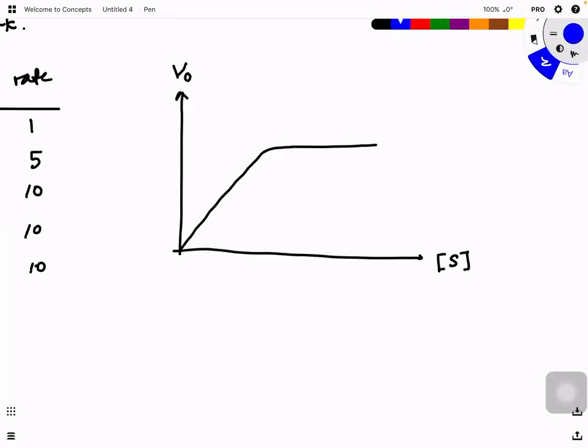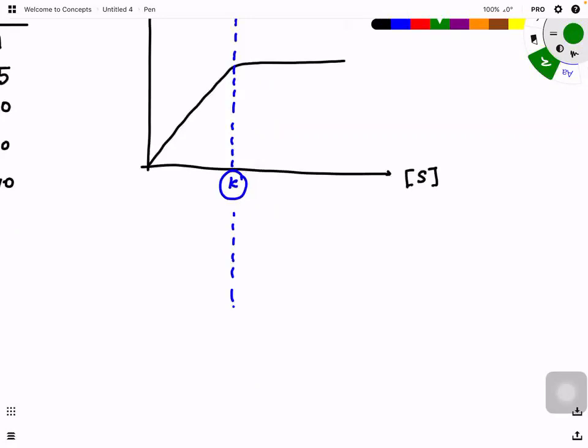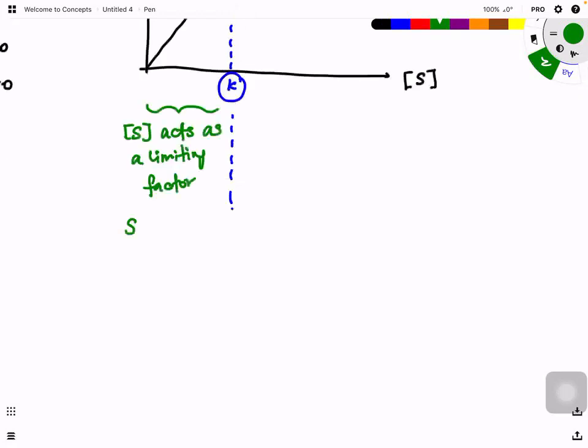So again, if I break it into 2 parts now, then what we're going to explain here is in this part. So who acts as a limiting factor? Substrate concentration acts as a limiting factor. Why? Because I have substrates less than enzyme.